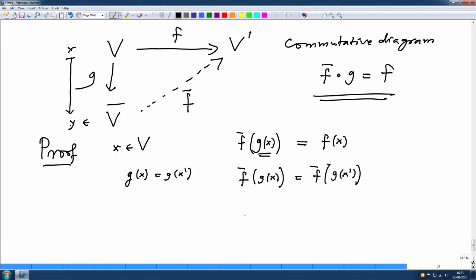This is equivalent to checking f bar of gx minus gx prime is 0, because f bar is linear. That means this should be in the kernel.